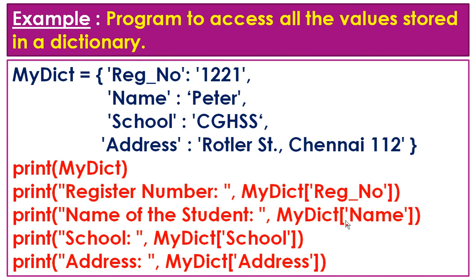Mydict of name accesses the name value, so we get the result Peter. Mydict of school prints CGHSS, and finally mydict of address prints the address.